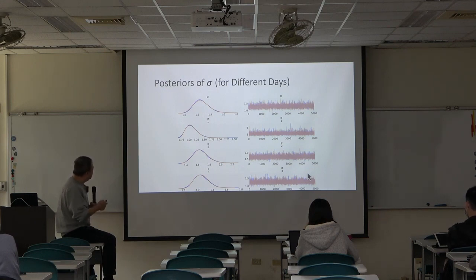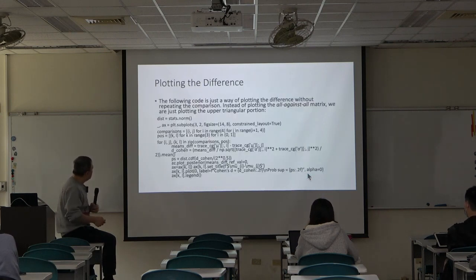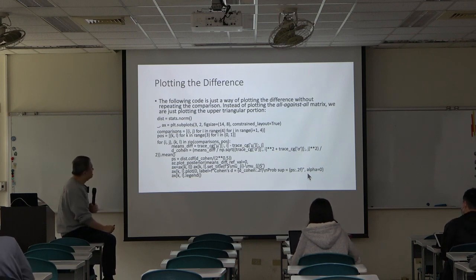But the more important thing is that we want to plot the differences. This code is just a way of plotting the difference without repeating the comparison. Instead of plotting the all against all matrix, we just plot the upper triangle portion.